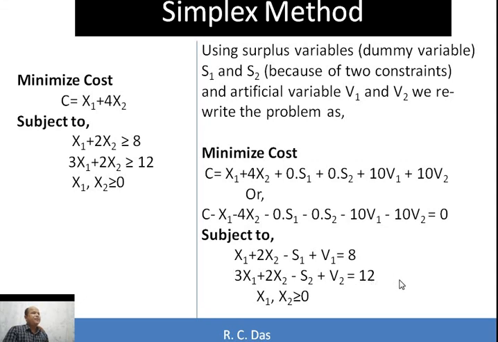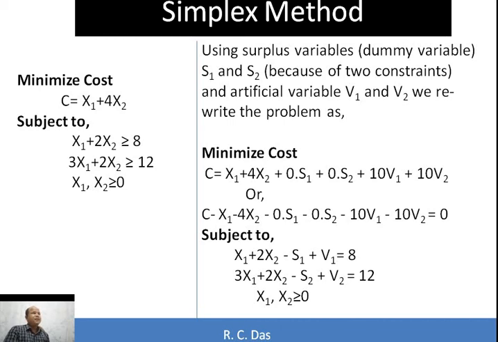Here we are using two types of variable: one is the surplus variable and the other is the artificial variable. The reason is that in a linear programming minimization problem, the area of feasible solution is not associated with the origin 0, 0.